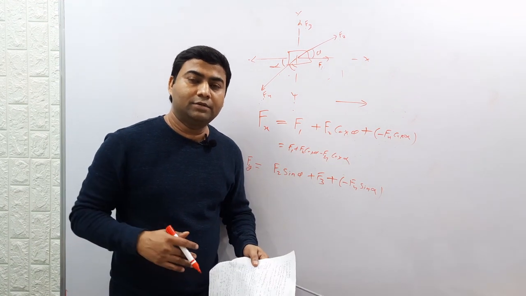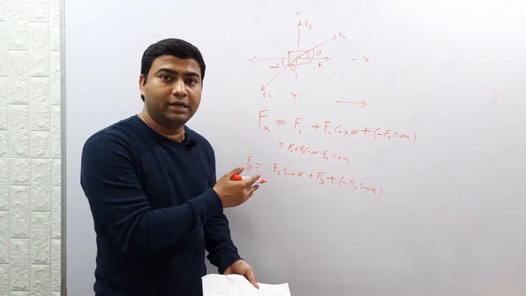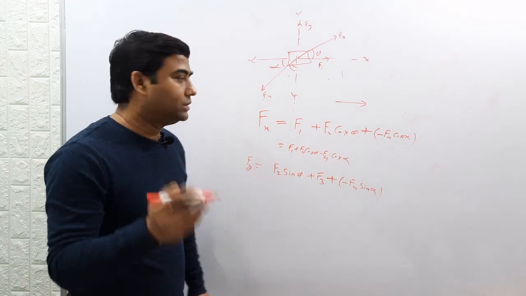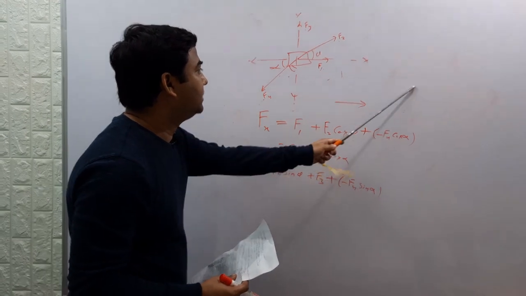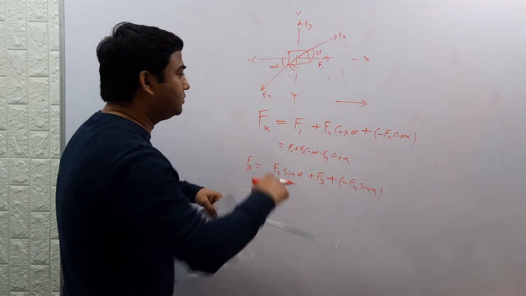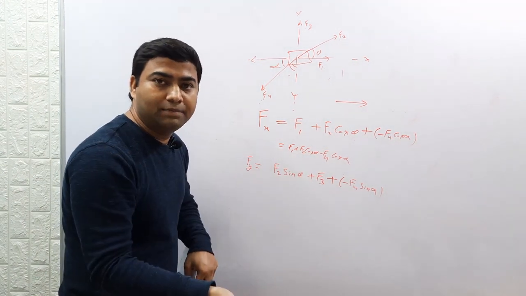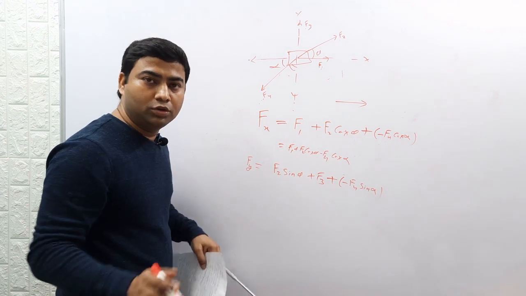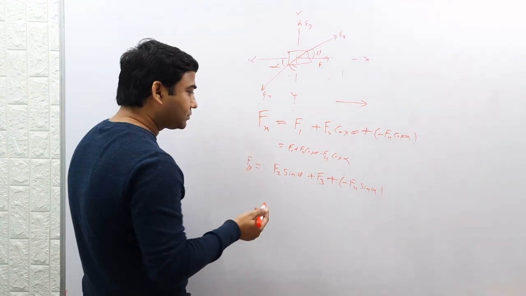For collinear vectors, we can use algebraic summation. That's why these problems are simplified, because we find collinear vectors in the x direction. Positive direction, these vectors. Negative direction, this. As these vectors are exactly opposite, they can be algebraically added. We need not use geometry for two vectors which are collinear.